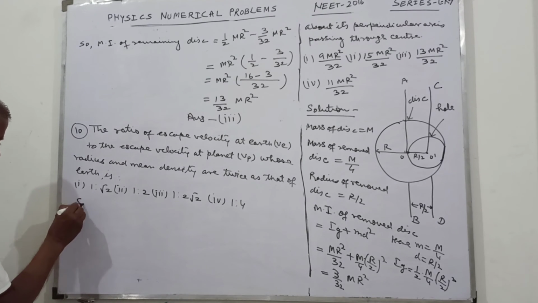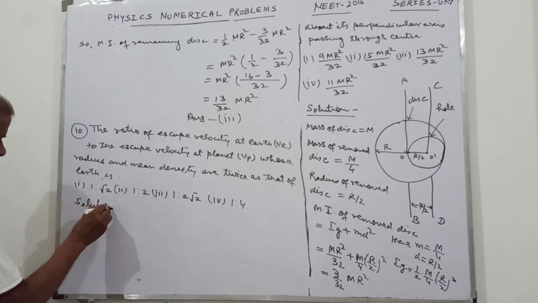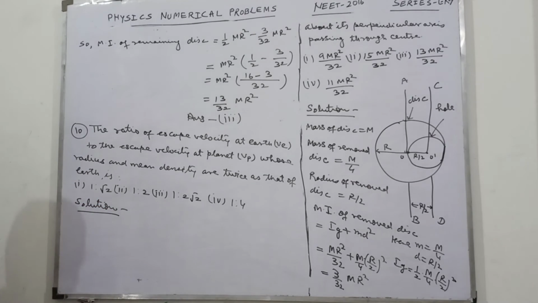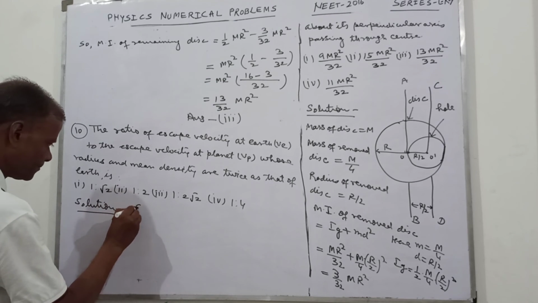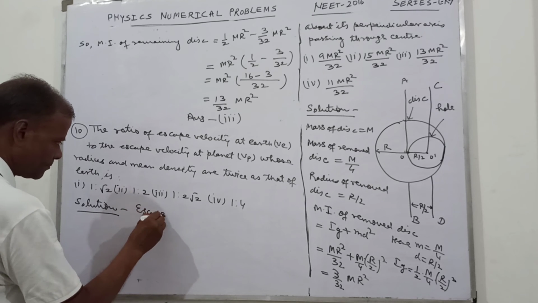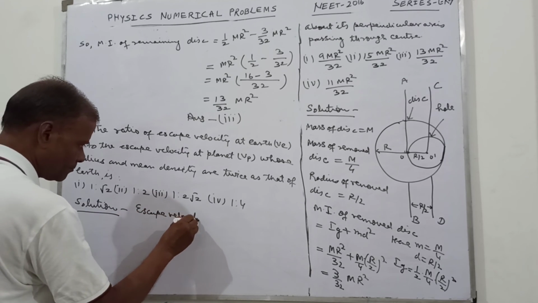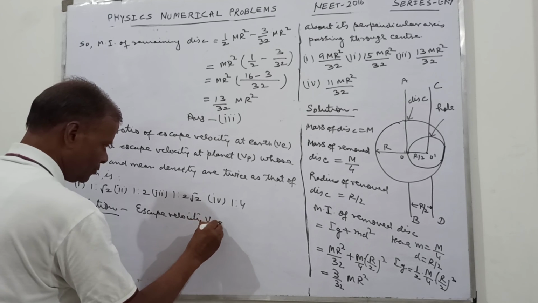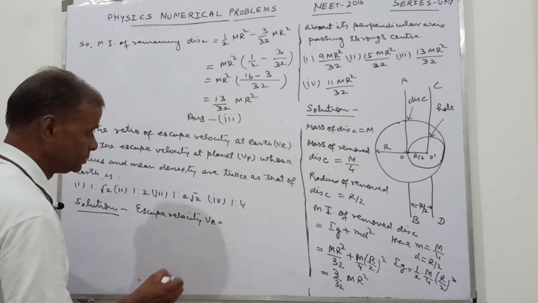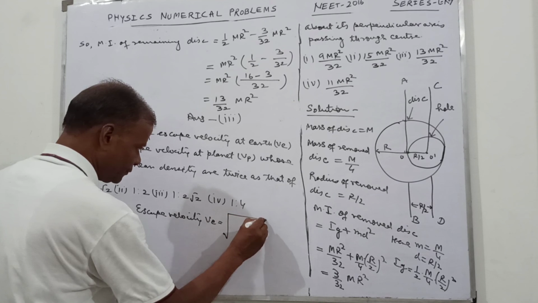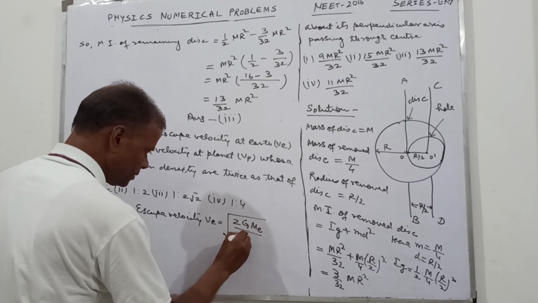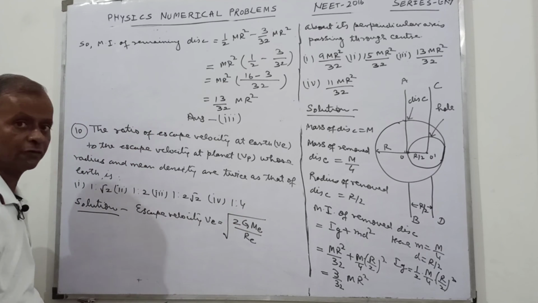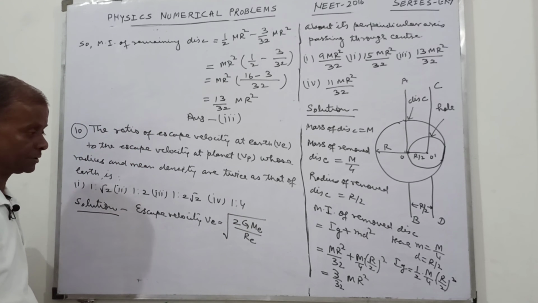The solution to this one: you are given the escape velocity. We know that the escape velocity VE at the Earth is the square root of 2GME upon RE, ME the mass of Earth, RE the radius of the Earth.